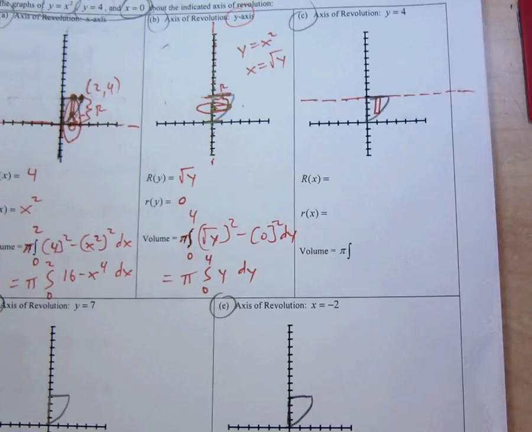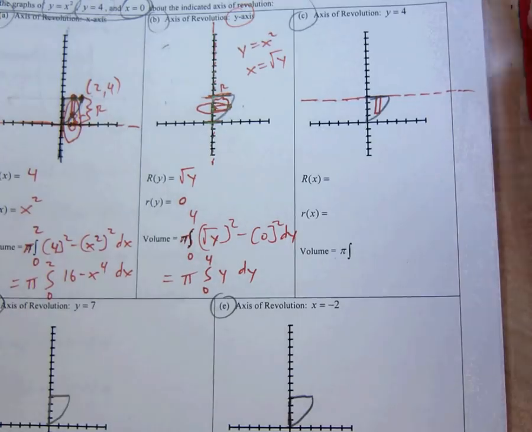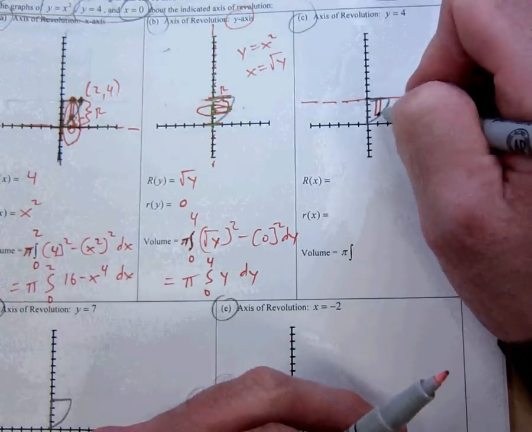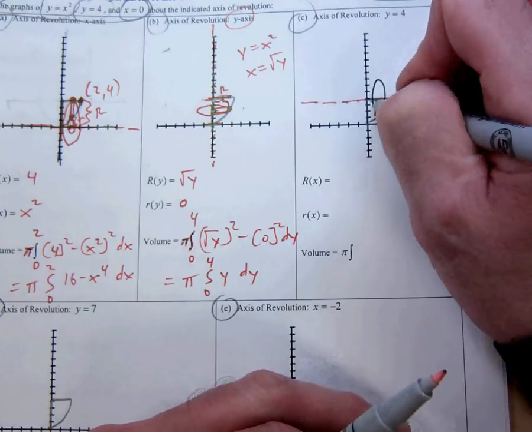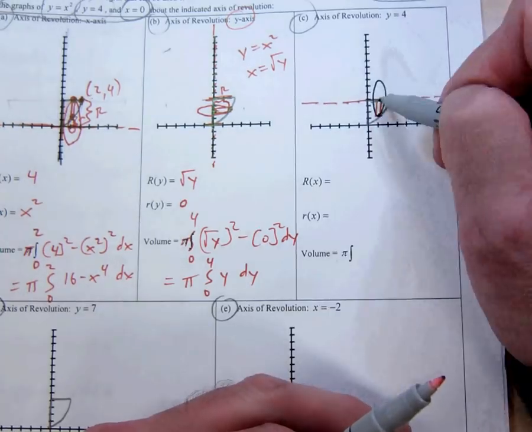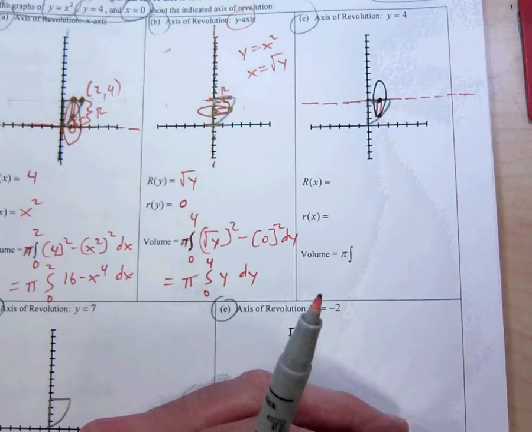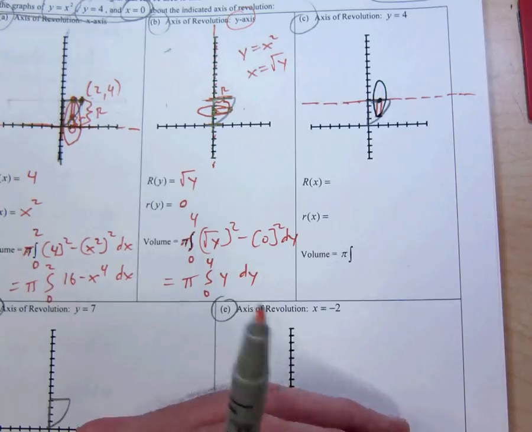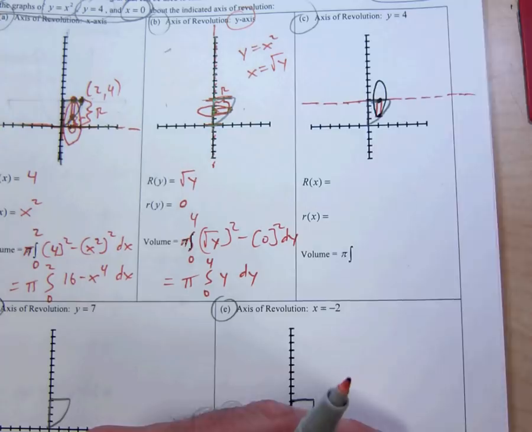So what's going to happen is this is going to swing around like this, and this is totally against the axis of revolution, so there's going to be no hole, is there? So no hole.